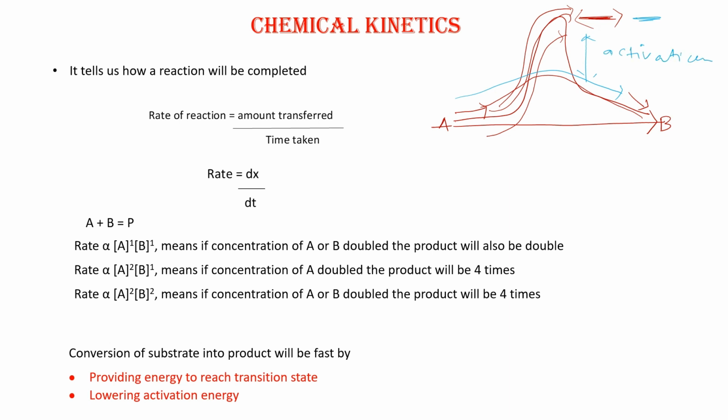So either we give extra energy so that the substrate can be converted into product, or we lower this energy. Earlier more energy was required, now less energy is required. So either we lower the activation energy or we provide extra energy so that the substrate can reach the transition state to convert into product.